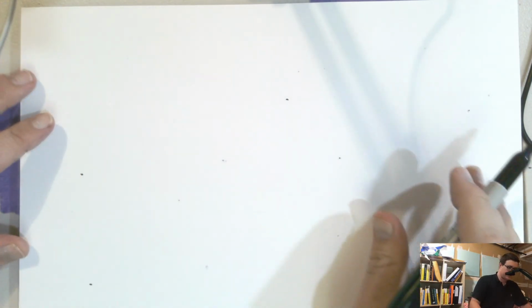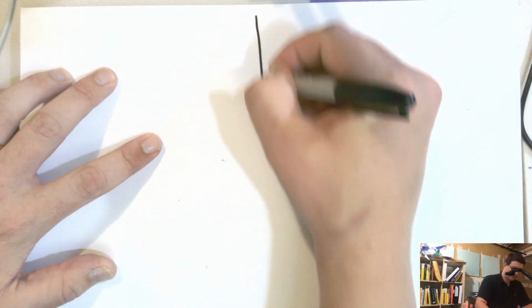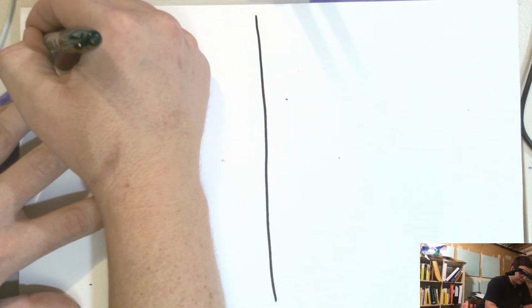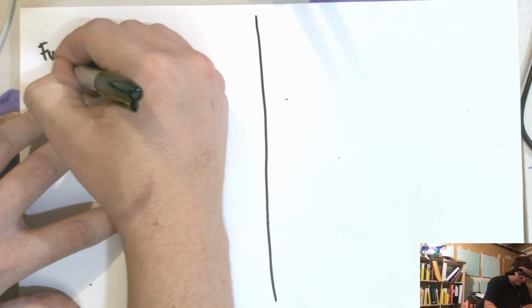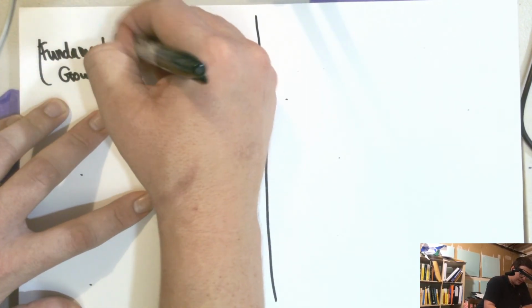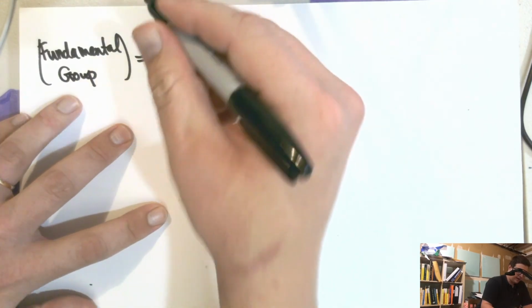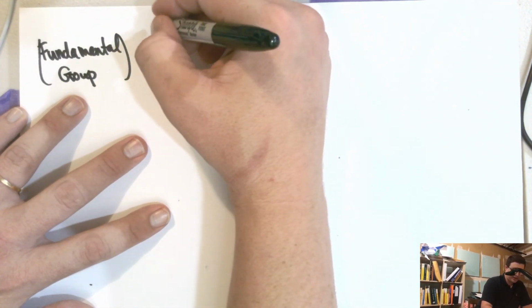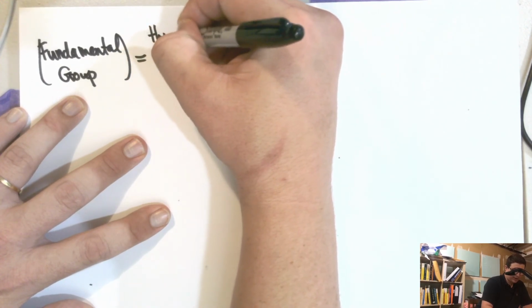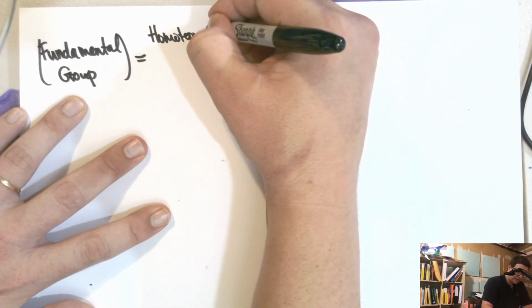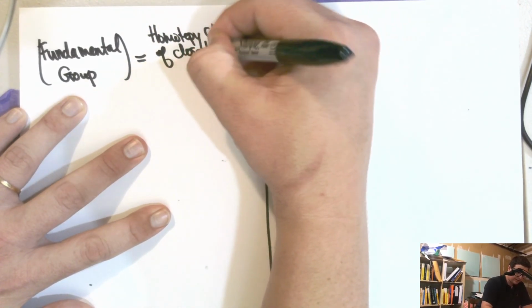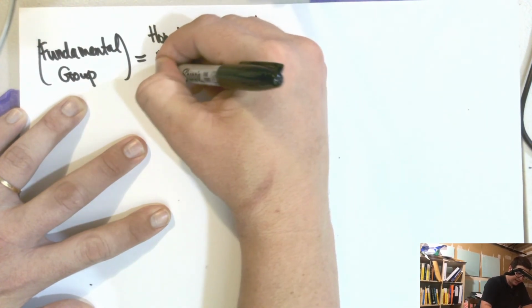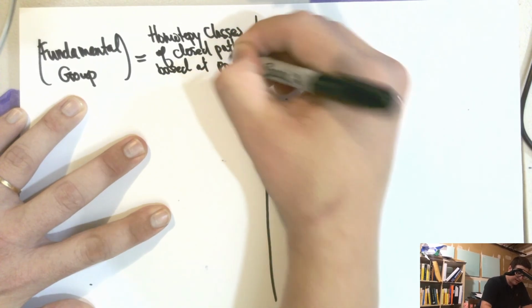So the group that we have, I promised a group. The fundamental group is equal to the homotopy classes of closed paths based at P naught under concatenation.